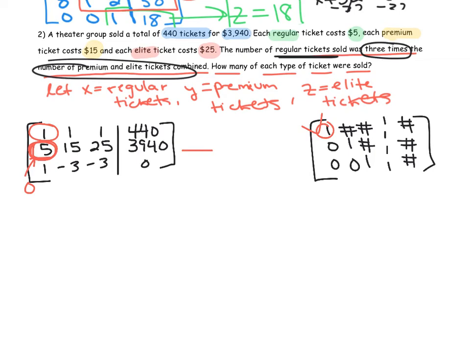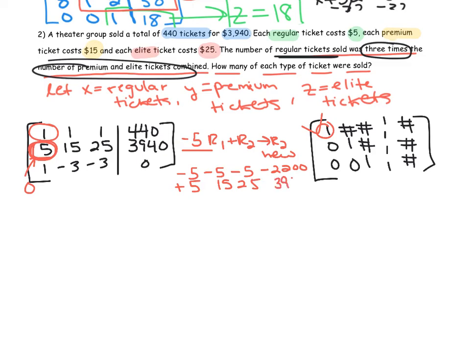So we're going to multiply the first row by -5 and add it to the second row to get my new second row. Okay? So let's see. We'll have -5, -5, -5, and -5 times 440 is -2,200. And I'm just adding that with my second row.